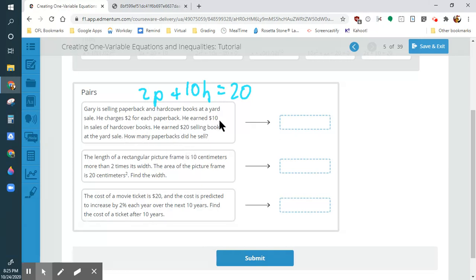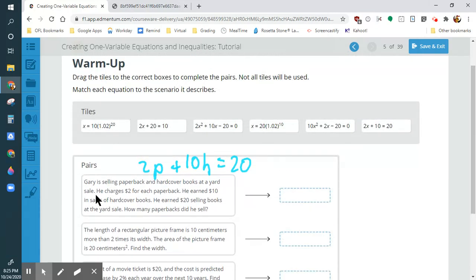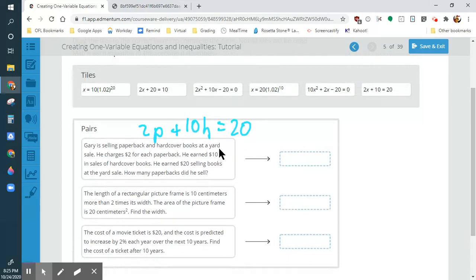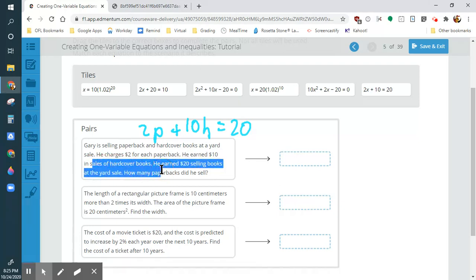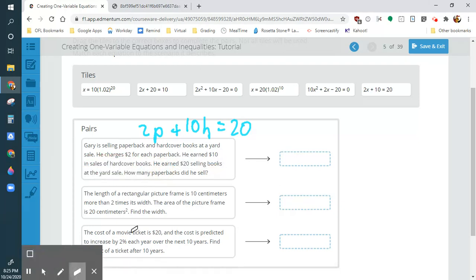He earned $10 in hardcover. Did it not tell us how much he's earning here? I just realized it doesn't say each. So he does earn the $10, but it's not for each book. The paperback is for each book, so you have to multiply it.